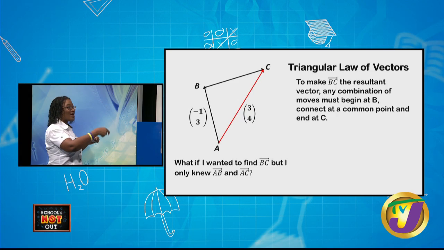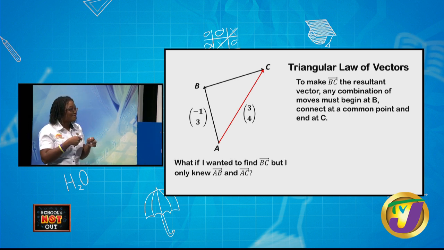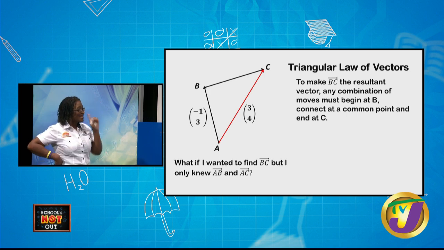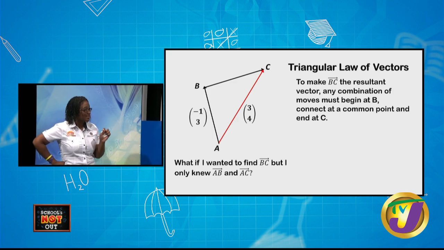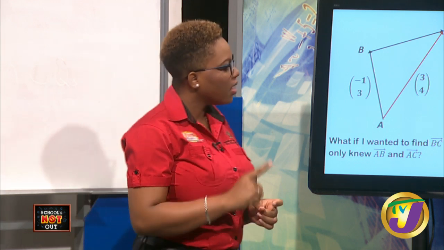But to make BC the resultant vector, any combination of moves must begin at B, and connect to a common point. We identified that common point as A, and you rightly said it should end at C. So how does that affect the vector I was given? Remember, I got AB.